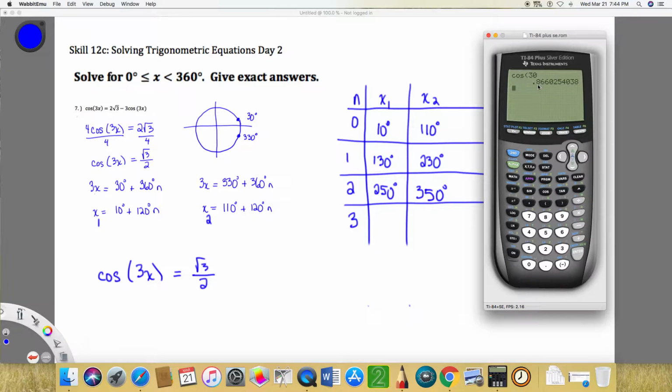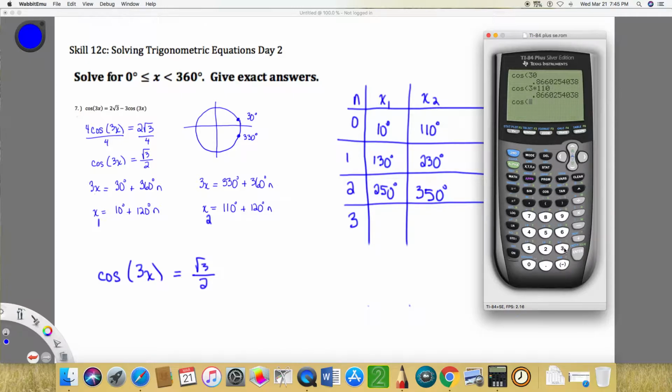And that is that 0.866 that we saw just a minute ago for the decimal approximation of radical 3 over 2. What if we plug in 110? What if we take cosine of 3 times 110? We get that same value.